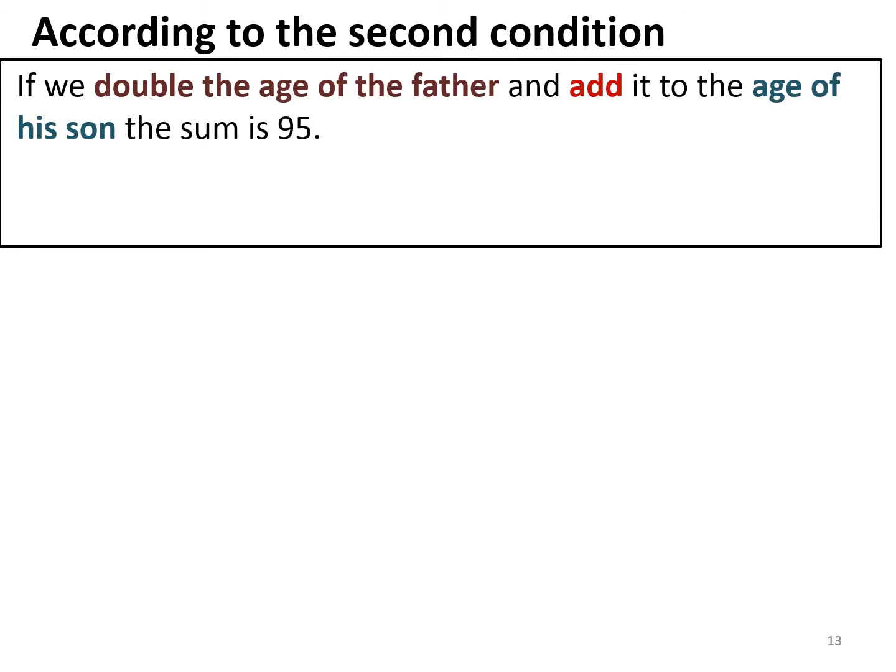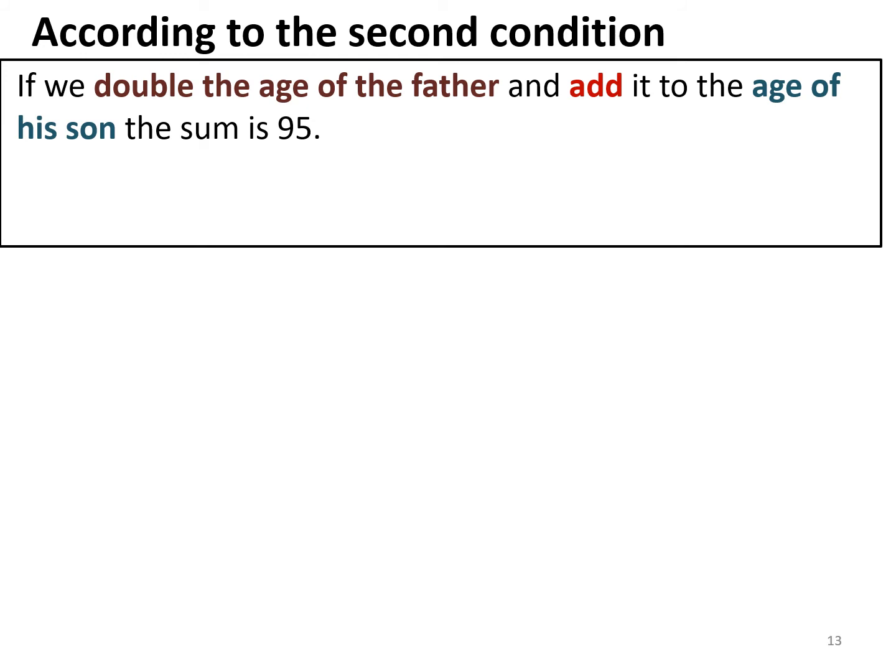Now according to the second condition, now what is the second condition? If we double the age of the father and add it to the age of his son, the sum is 95. Double the age of the father.